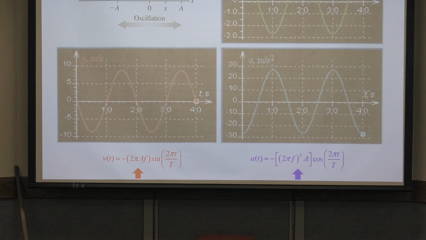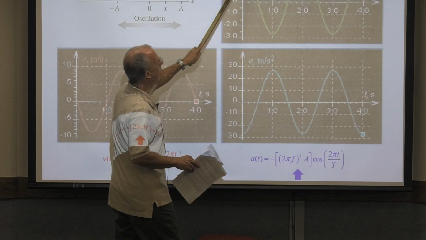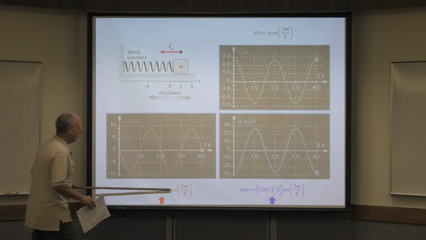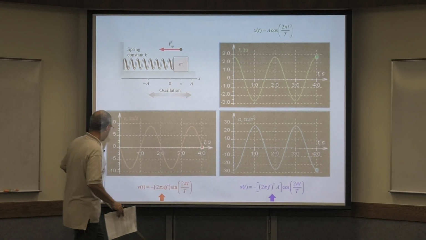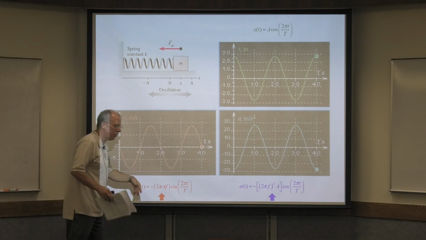But here's the important thing. Now, look, we know what x is for any time. For any time, we know what the velocity is. For any time, we know what the acceleration is. I'm assuming you know a, because you set up the situation.